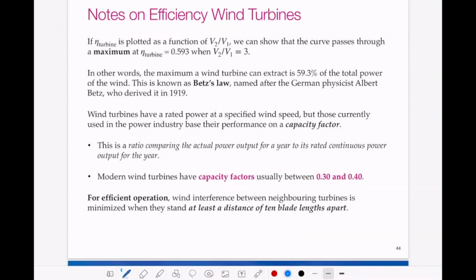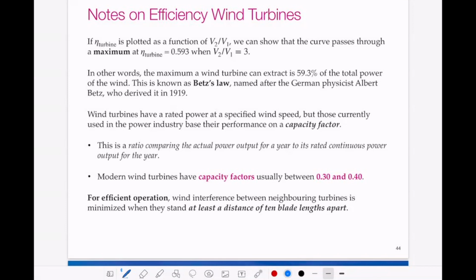So we can classify wind turbines by their rated power and also by wind speed. And those currently used in industry, they rate them based on something called a capacity factor. And the capacity factor is a ratio comparing the actual power output for a year of operation to its rated continuous power output for the year.